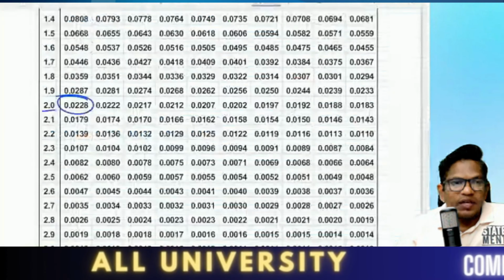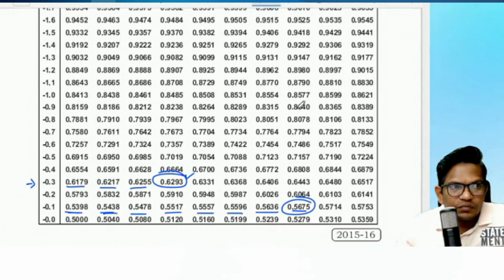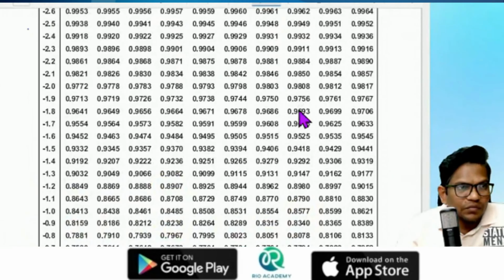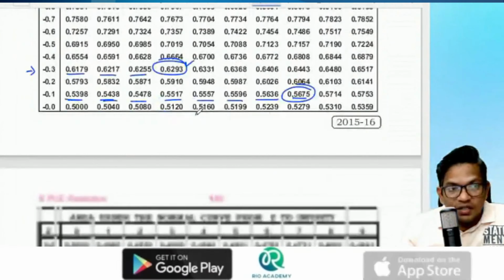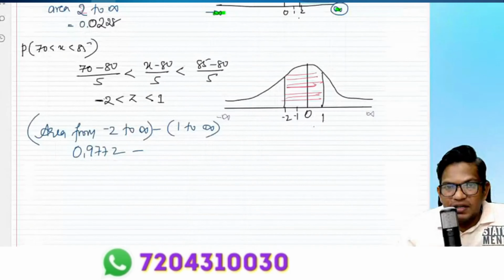Tell me. Here we have sheet, minus 2 is 0.9772. And 1, what is the 1? 0.1587.